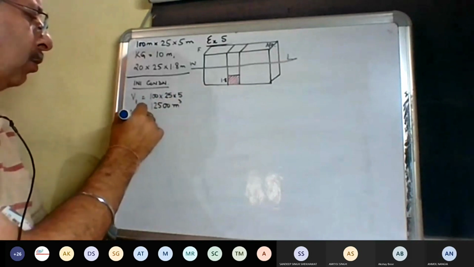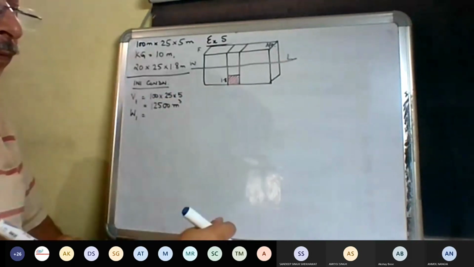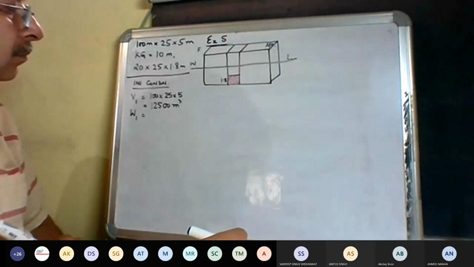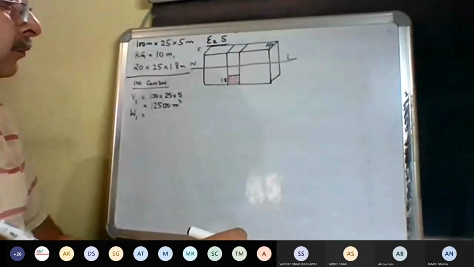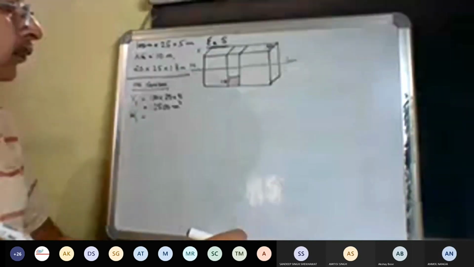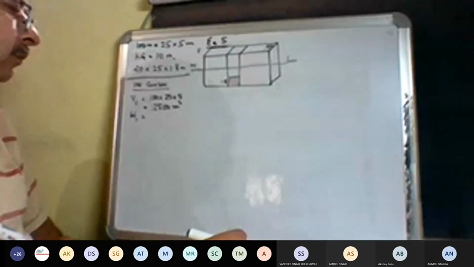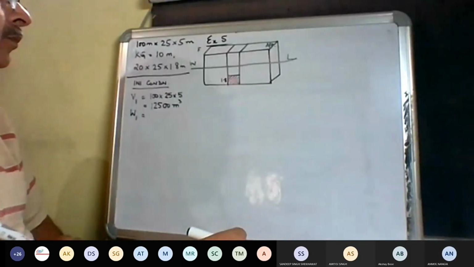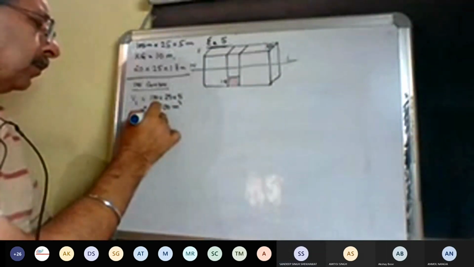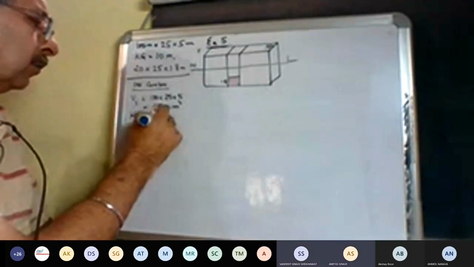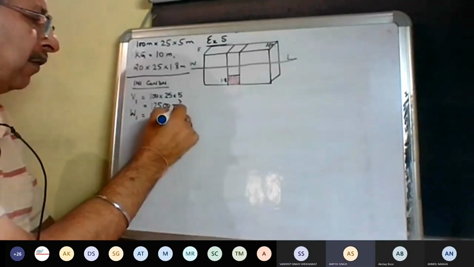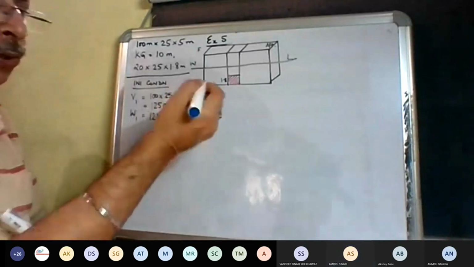Let us calculate W1. 12,812.5. That is volume into density.